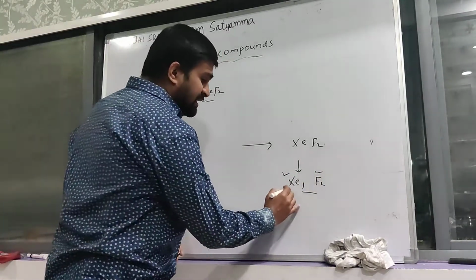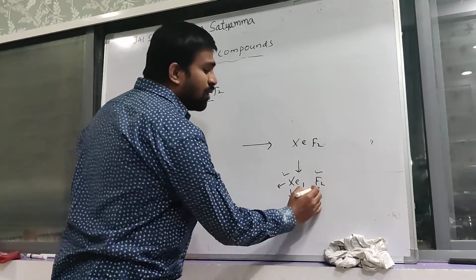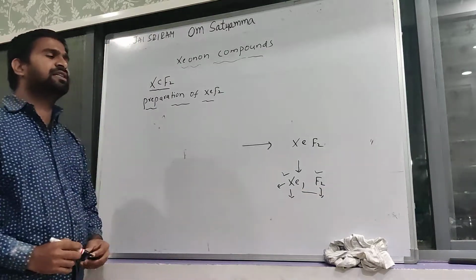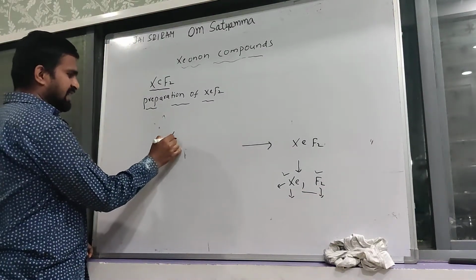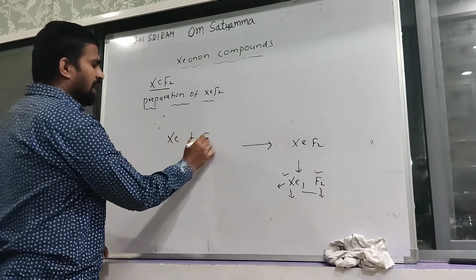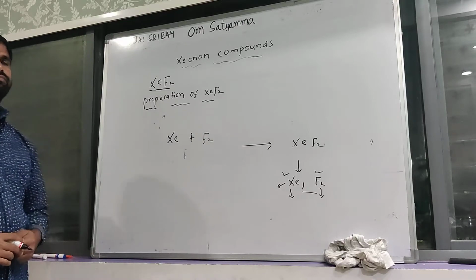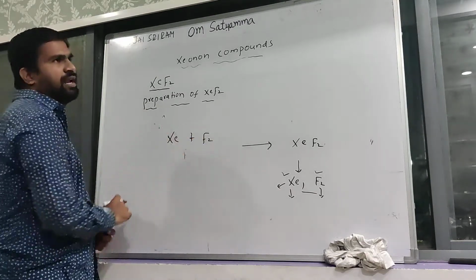Xenon is available in nature in atomic form. Fluorine is available in nature in molecule form. Xenon reacts with fluorine.